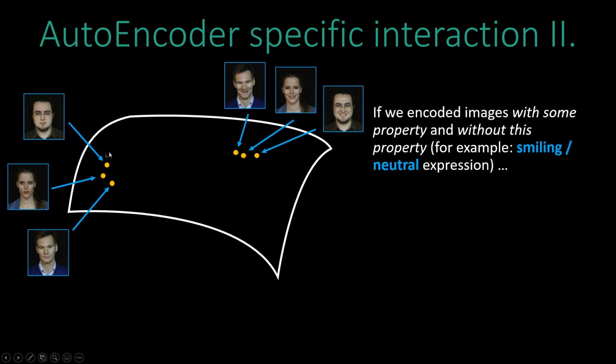This is a simplification, of course. When I say that these are falling here and these are falling here, what I mean is that there is an autoencoder model which is representing these images as latent vectors, which would fall into this part, and these images would fall into this part.